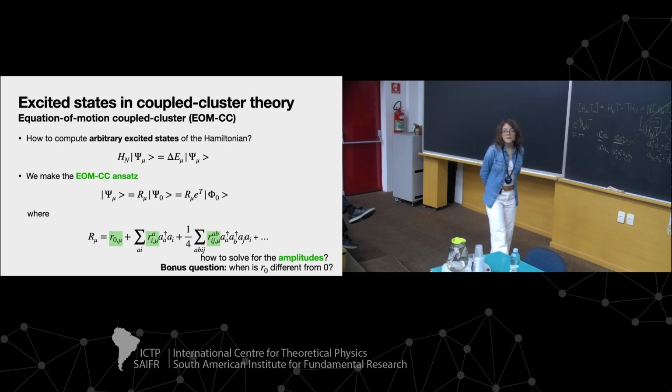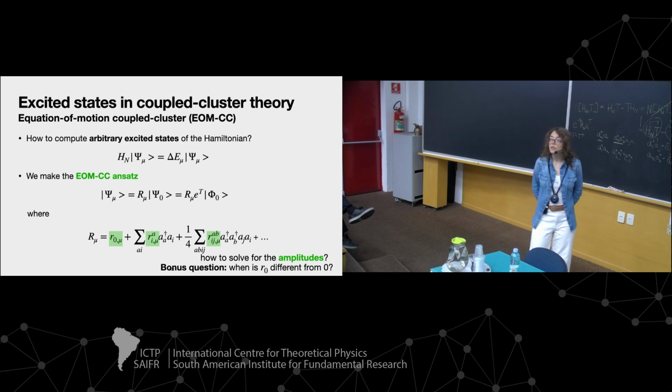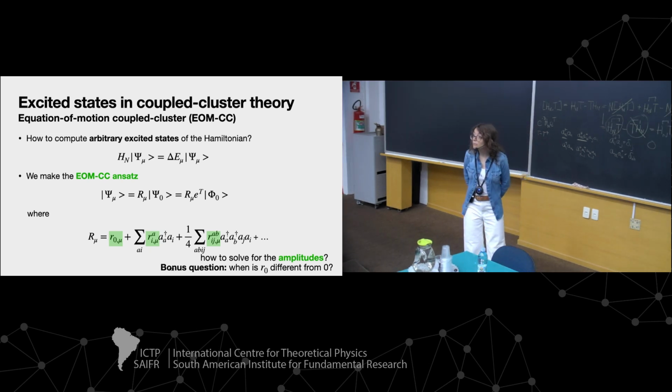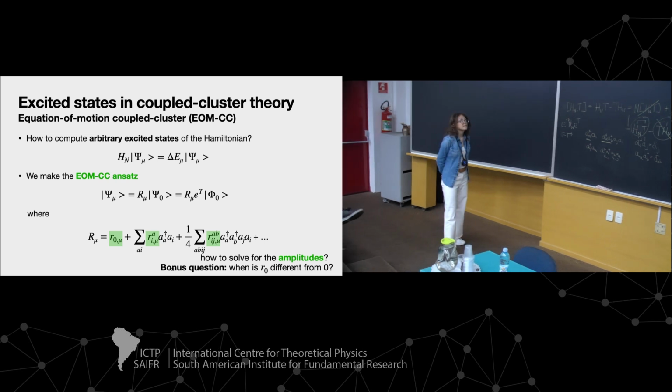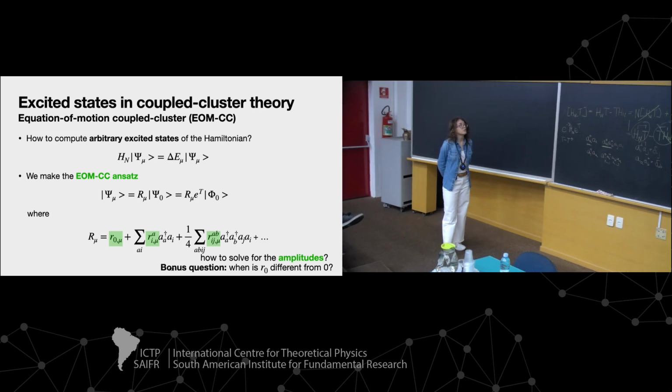If we are considering an excited state, it will have a different angular momentum, if we are not considering, obviously, excitations which are 0 plus excited states. So when is actually this term contributing to the expansion, when it is different from 0?